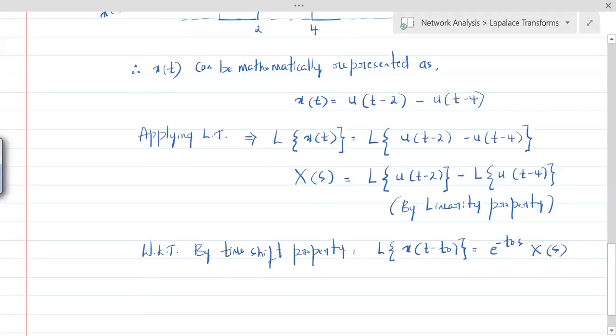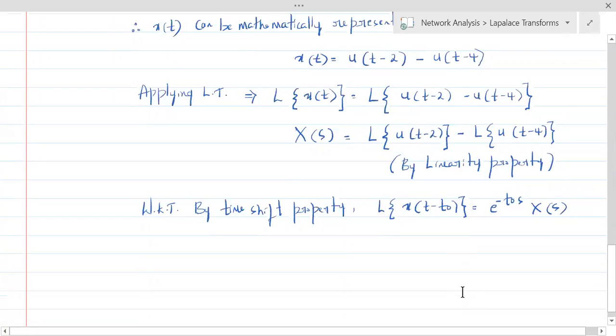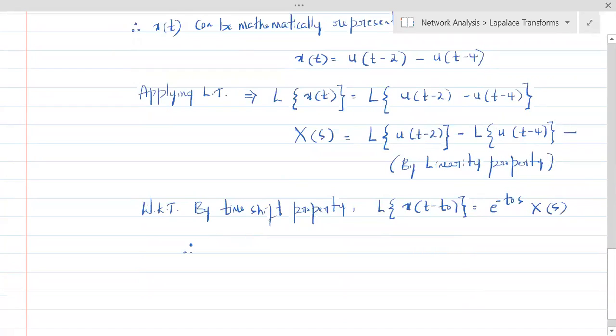So what is x of s here? X of s is the Laplace transform of x of t. So similarly, what is x of t here? X of t is u of t. What is the Laplace transform of u of t? Laplace transform of u of t is 1 by s. Understand that? So this we call equation number 1.